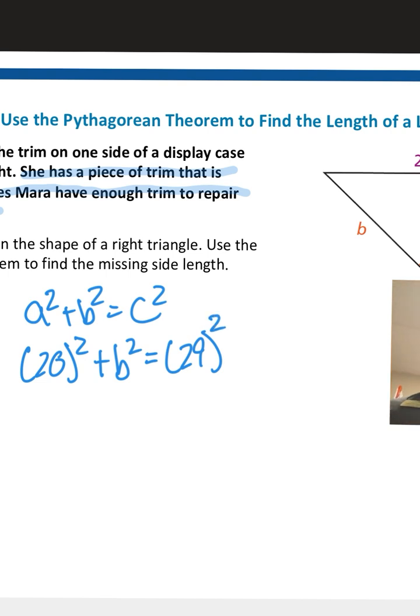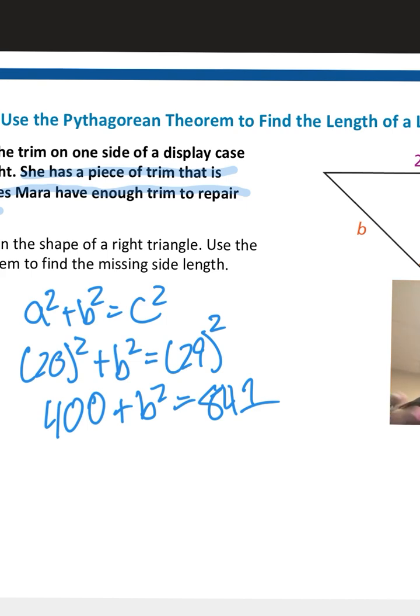Okay, so it's a little different, right? It's not direct. We can't just add and take the square root. We're going to have to do some manipulations to solve for B, okay? So let's simplify this first. So we have 400 plus B squared equals 841.